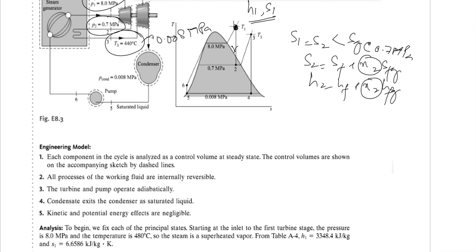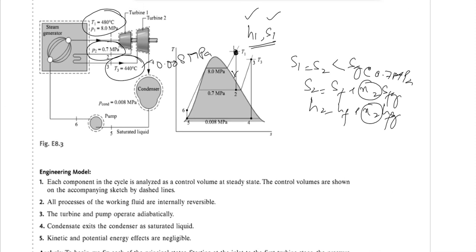Now going back to state number 3, which is 0.7 megapascal and 440 degrees centigrade. We have already checked that at 0.7 megapascal, the saturation temperature was 165 something.